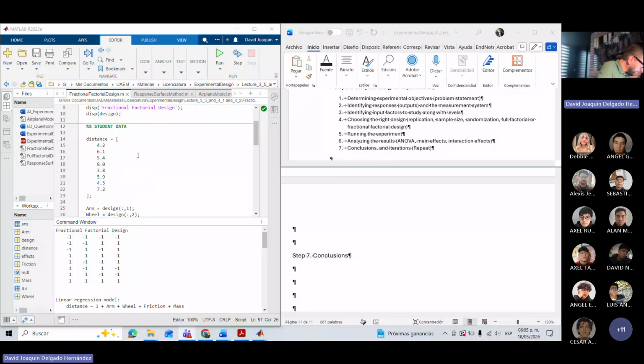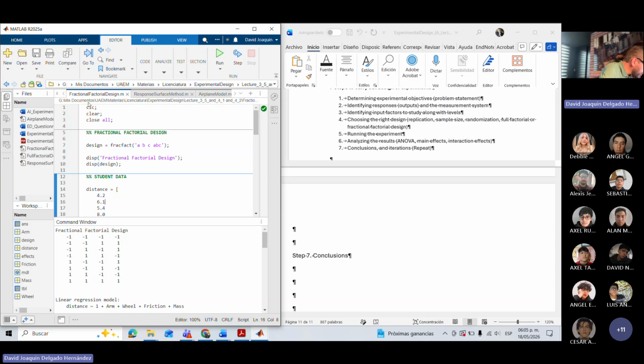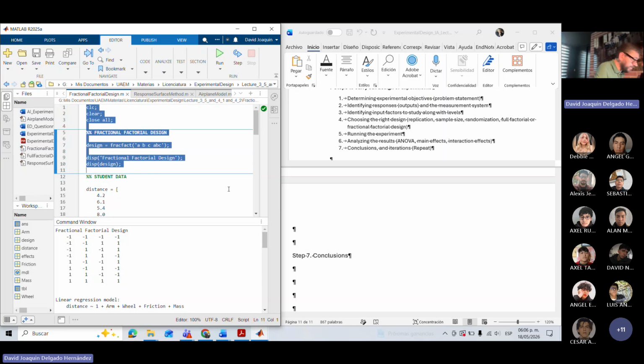I am going to put in the Teams again the following script. It is fractional factorial.